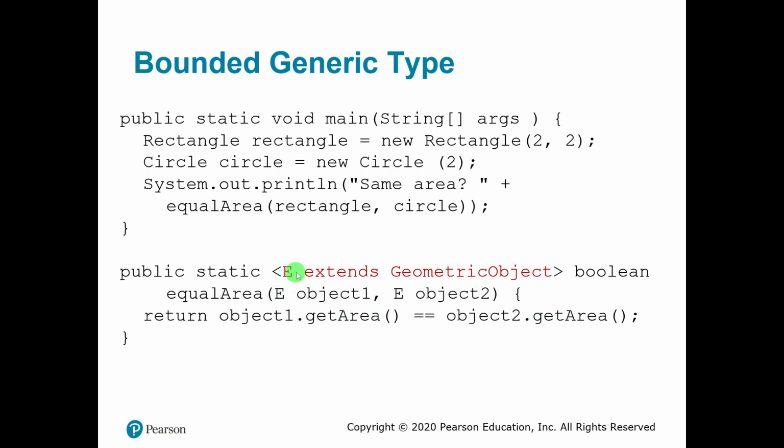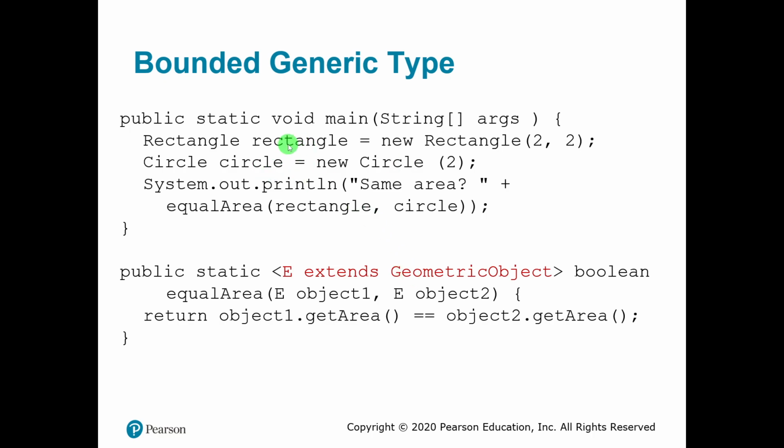Okay. So here's the type diamond. They're using an E instead of a T, but they're saying that whatever type that is put in here extends geometric object. So up here in our main method, we're creating a rectangle, okay? And rectangle obviously inherits from geometric object. And circle, they're creating a new circle, which also inherits from geometric object.